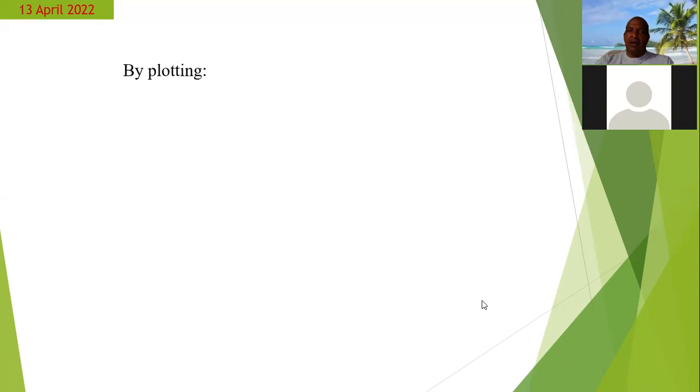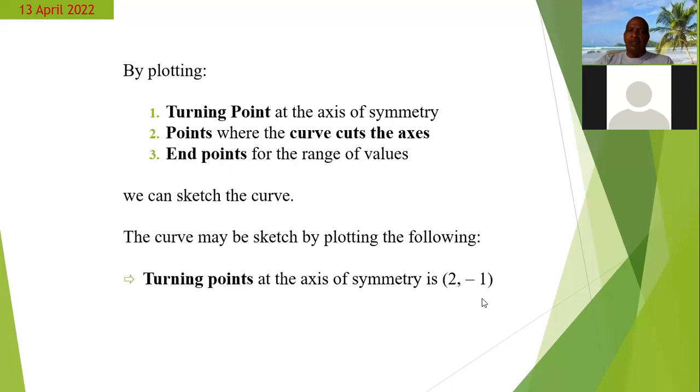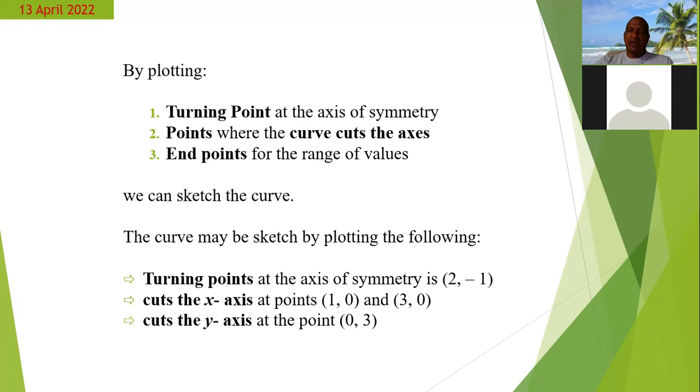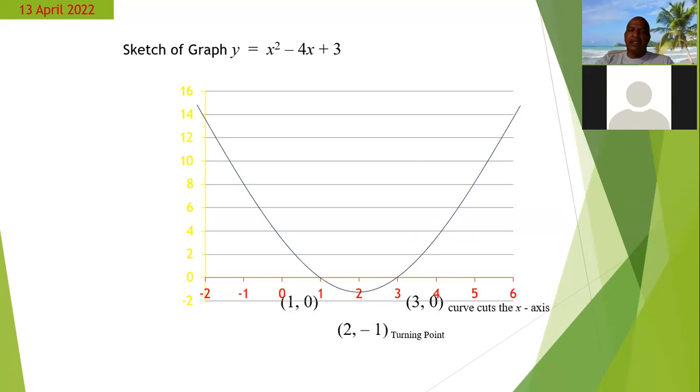Now, we use these points to sketch our curve, so these are the points that you would need. For the curve, it would look something like this when we put in the turning point, where it cuts the x-axis, where it cuts the y-axis, and the endpoints.